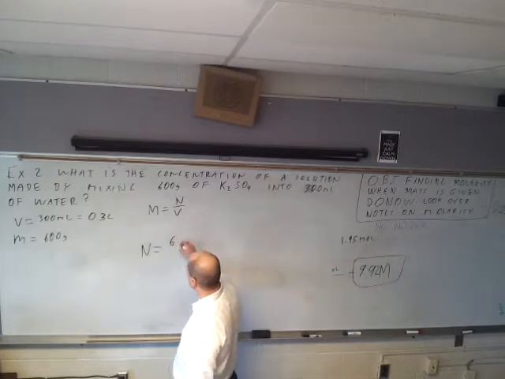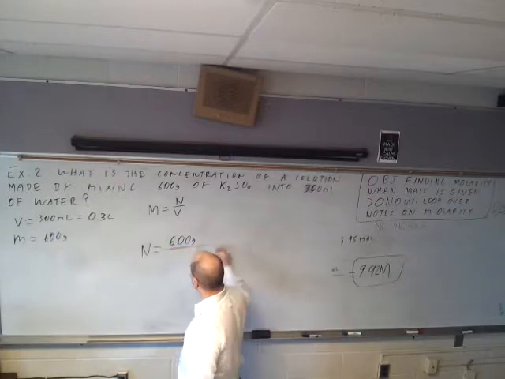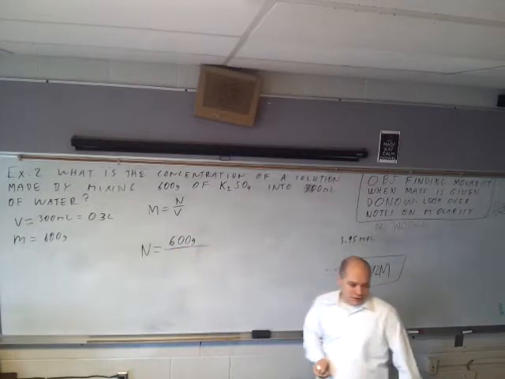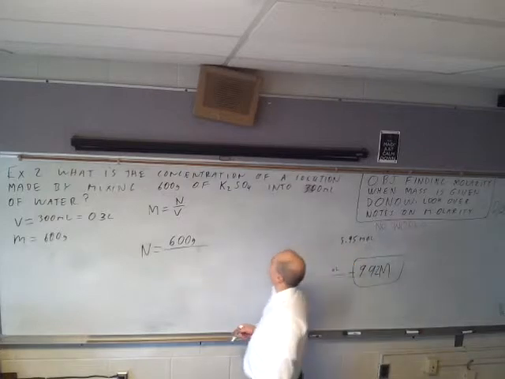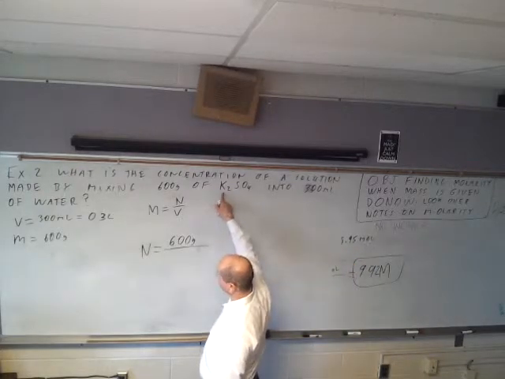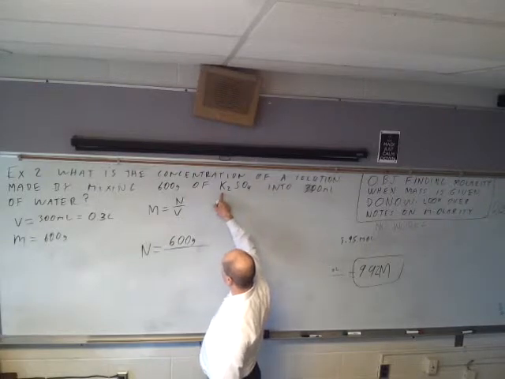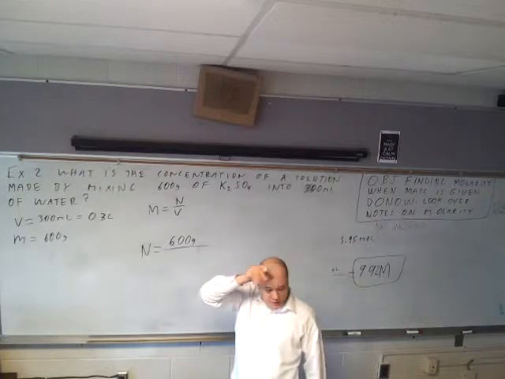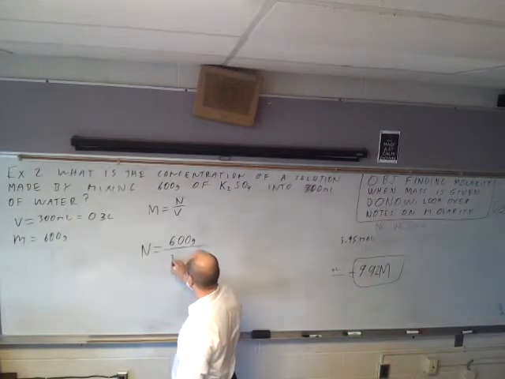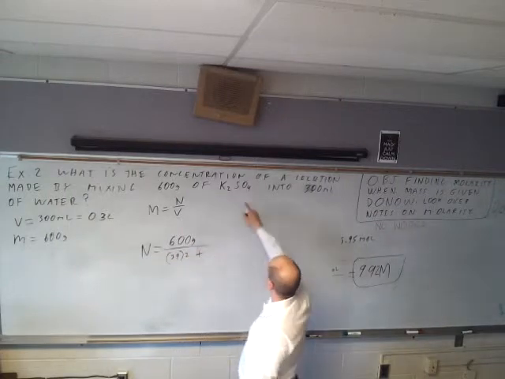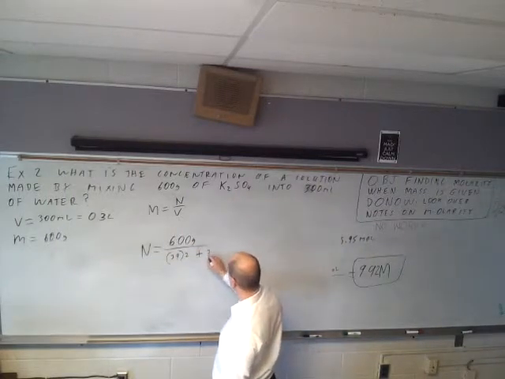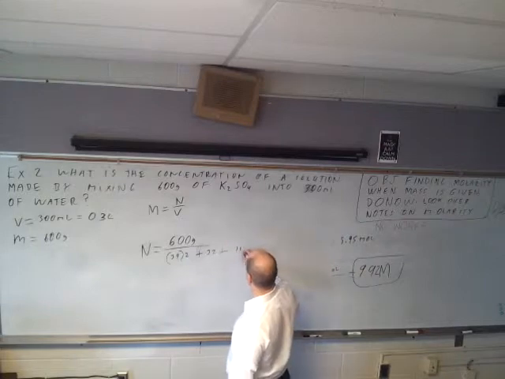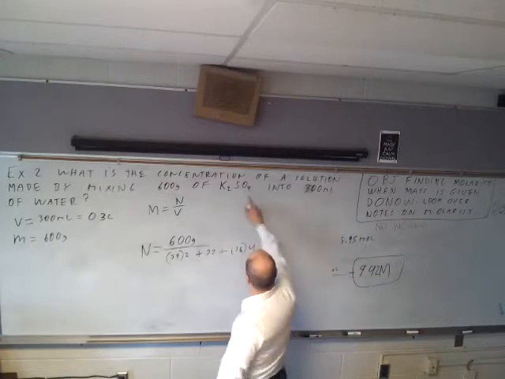So number of moles is mass, which is 600, divided by molar mass. All right, so what's potassium? It's 39. So it's 39 times 2, so 78. 39 times 2 plus sulfur is 32 plus 16 times 4 for oxygen, there's 4 of them.